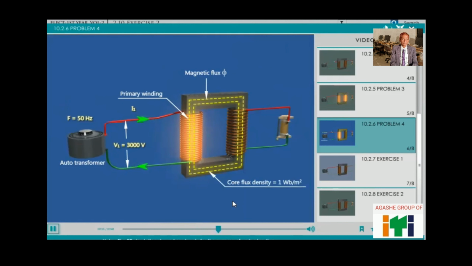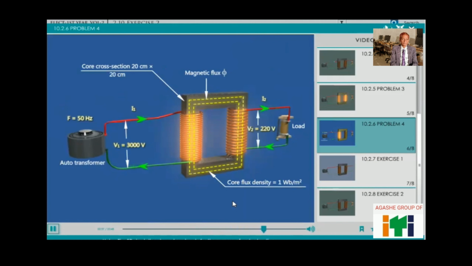Core flux density is 1 Weber per square meter. Core cross section is 20 centimeters by 20 centimeters. Find the number of turns in the primary side, that is N1, and the number of turns in the secondary side, that is N2.